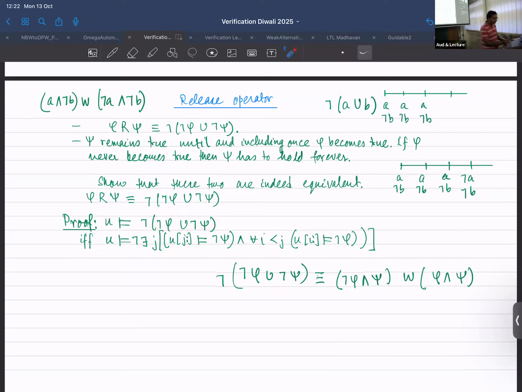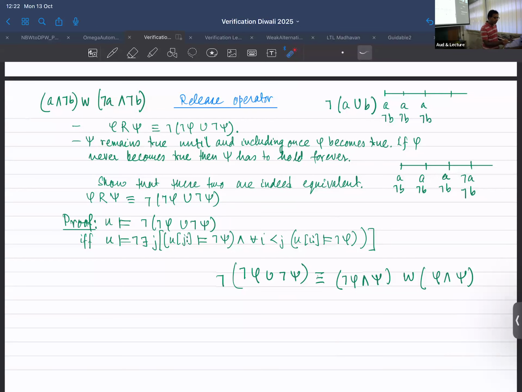It means that it is not the case that there exists a j such that starting from j, uj will satisfy not psi.